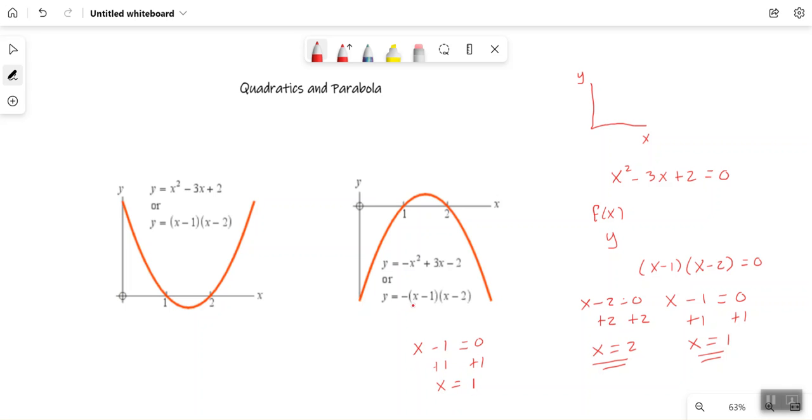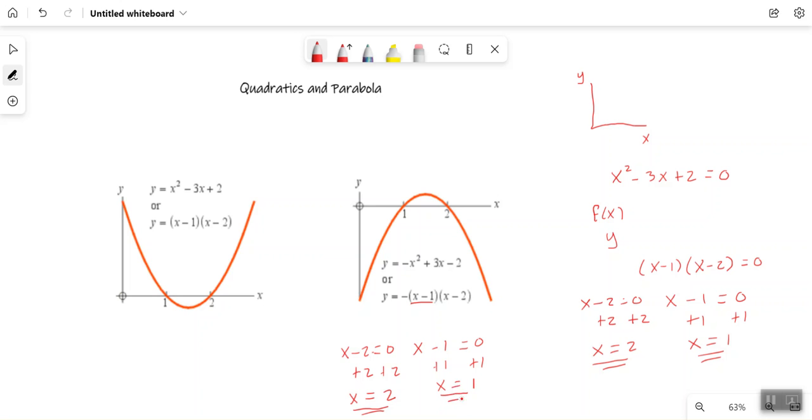That's the first one, and then the second one will be x minus 2 is equal to 0, and we add 2 to both sides, and they'll cancel out and x is equal to 2. These are the two roots.